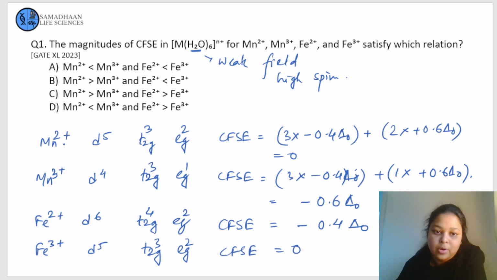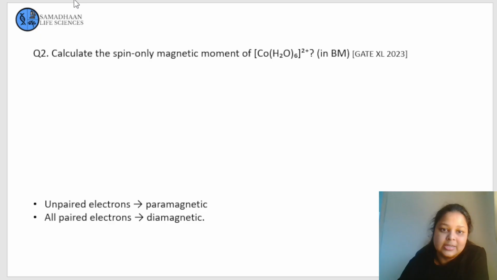So let's see now, Mn2 plus is greater than Mn3 plus, but Fe2 plus is less than Fe3 plus, which is our option B. This is the right answer. I hope you understand. Now let's go to the next example.